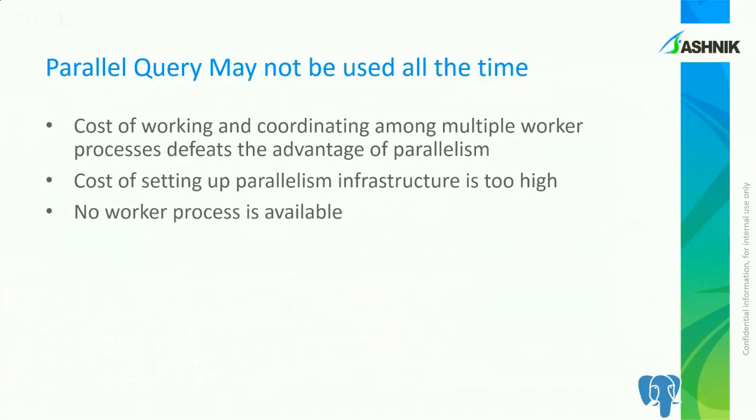At times, it is also possible that you are trying to launch worker processes, and there is no worker process available. Your system has already reached the maximum limit for parallelism, and hence it is not able to launch any new worker process. Because of these various reasons, your optimizer may choose to go without parallel execution, and hence it may execute it in the traditional way.